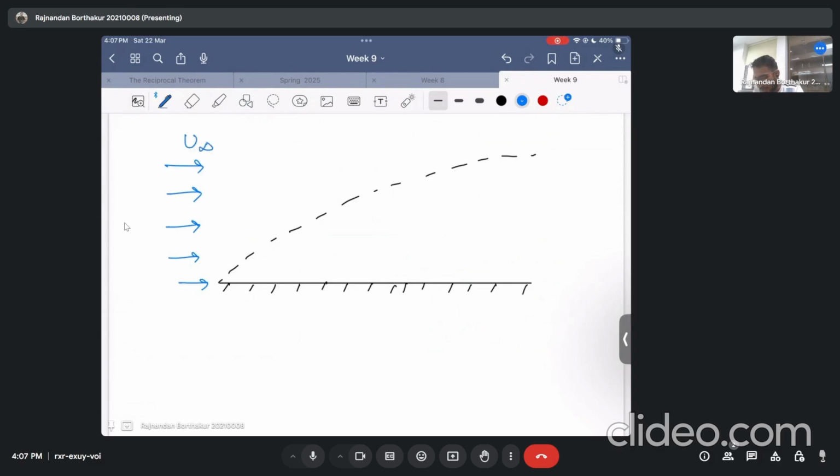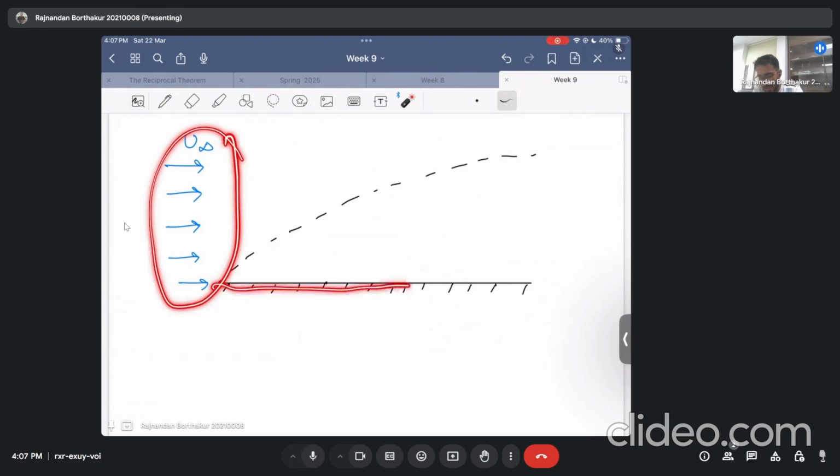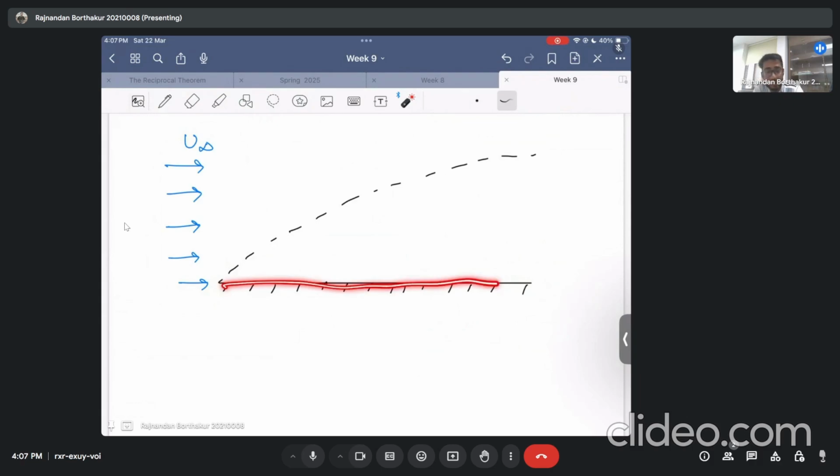And when this far stream fluid notices a disturbance in its way, the disturbance is propagated by the property of the fluid, which is viscosity, and as a result there is this growth of the boundary layer, once again because the fluid bears its own viscosity.